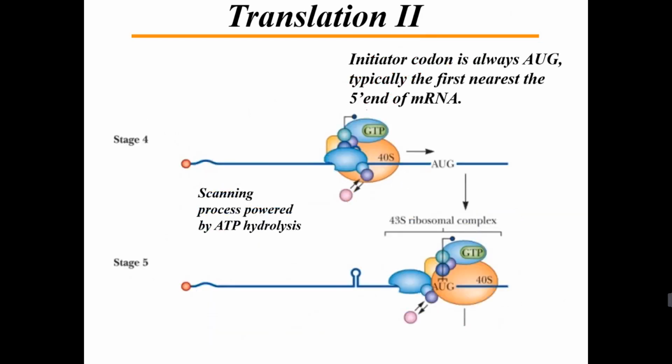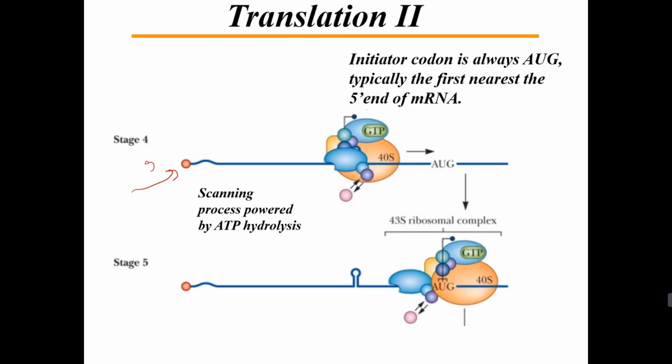So we have the 40S ribosome bound to the Met tRNA initiator. This attaches to the cap at the 5' end of the eukaryotic mRNA and will search the transcript.